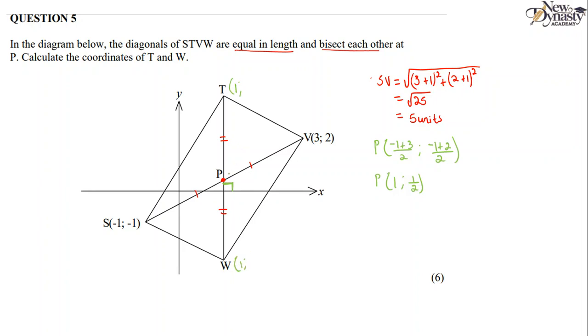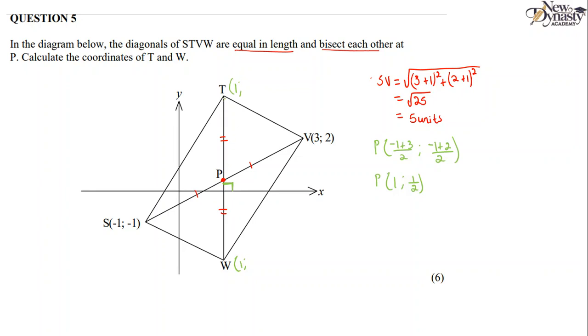So how are we going to find out the y value? I think the distance that we calculated there is going to help us to find the y value. So since the distance SV is 5 units, and we are told that these diagonals are equal in length, it means that TW is also 5 units. So if TW is 5 units, let's see what happens here. So 5 units from point P to point T, it's half of 5 units. So that is going to be what? 2.5.